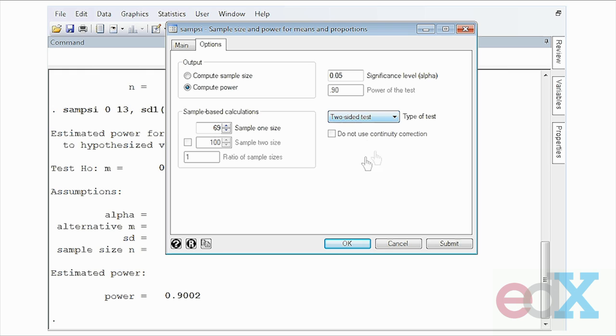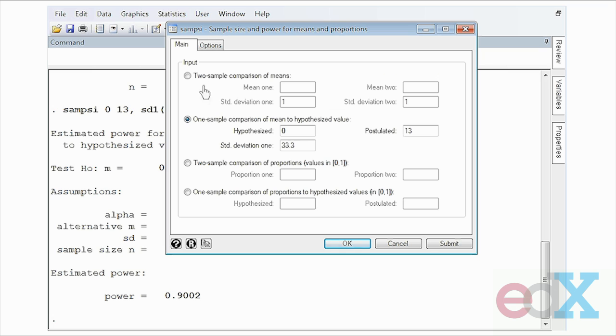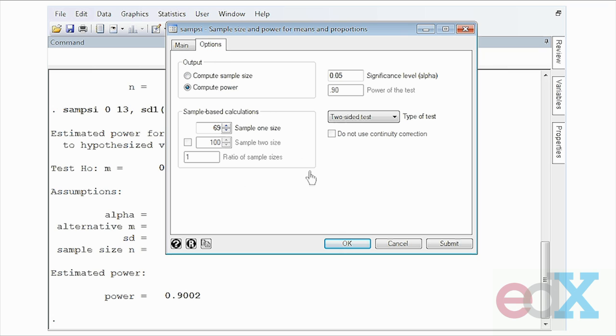What does that do to the power? Or if we click on sample size, what does that do to sample size? So I'm going to leave you now and let you experiment and explore this program a little bit on your own. And then when we come back, we'll do the 2 sample one. So for now, you go off and get an understanding of the 1 sample one.